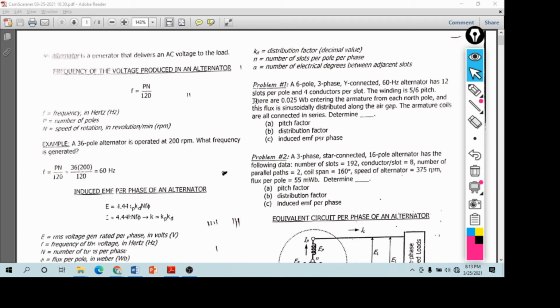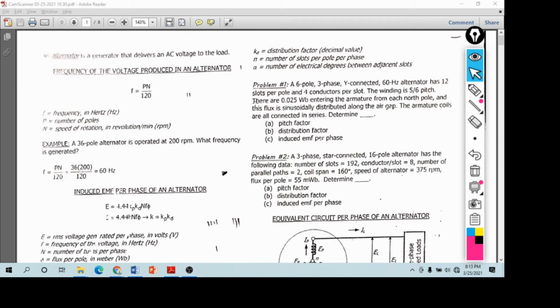There is 0.025 Weber of flux entering the armature from each north pole, and this flux is sinusoidally distributed along the air gap. What is the air gap? The air gap is the space between your rotor and your armature core. The armature coils are all connected in series.